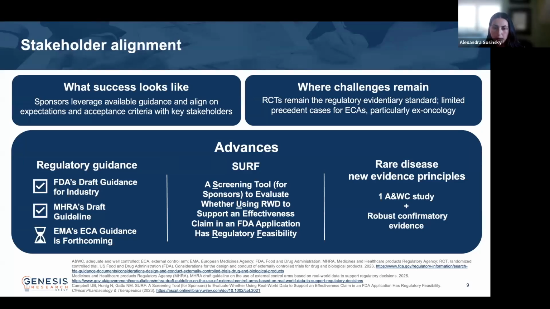If using this pathway, one adequate and well-controlled study plus robust confirmatory evidence may be grounds for approval. Confirmatory evidence could include real-world data, and this directly addresses an area where ECAs have the potential to make a big impact. Taken together, these developments are helping to clarify the criteria for success, making stakeholder expectations clearer, and encouraging the thoughtful use of ECAs.